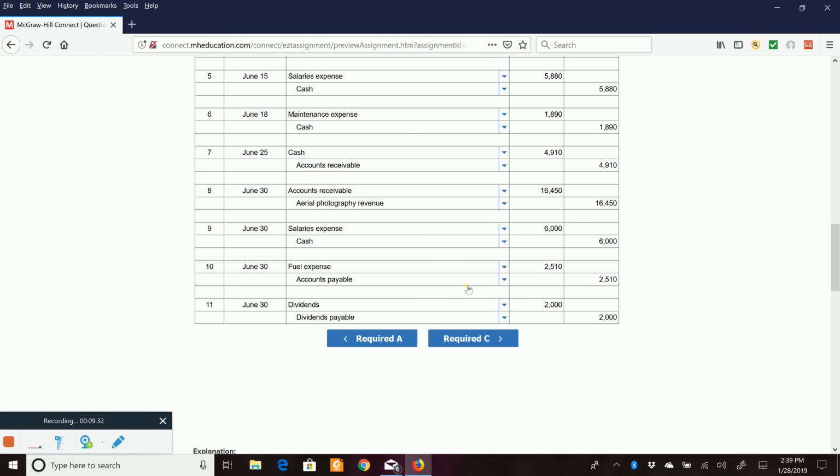But the bottom line is we need to recognize the expense in June, even though we didn't pay for it yet. So we will increase the liability with a credit called accounts payable. Now remember, expenses are recorded when they're incurred, regardless of when we pay for them. Here's an example of us paying for this expense afterwards or later, after the incurrence of the expense.